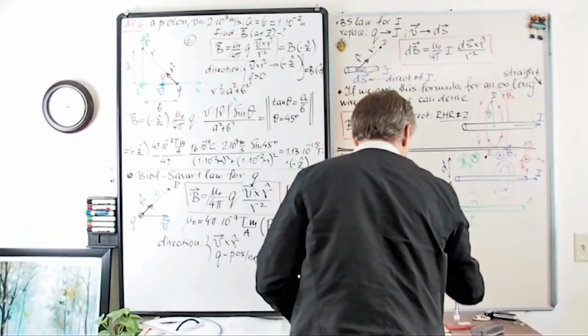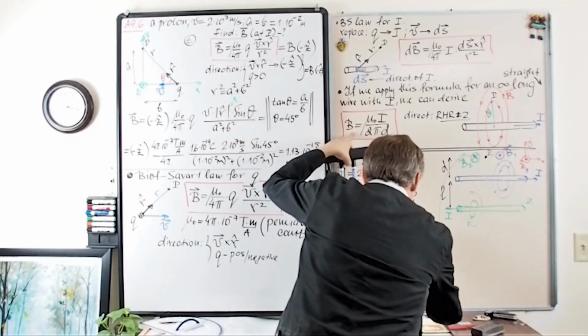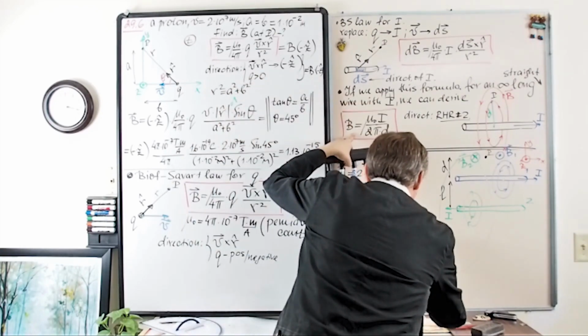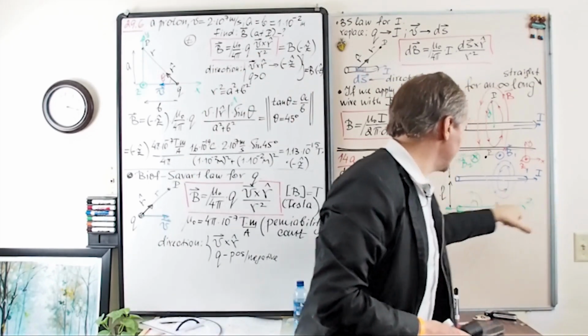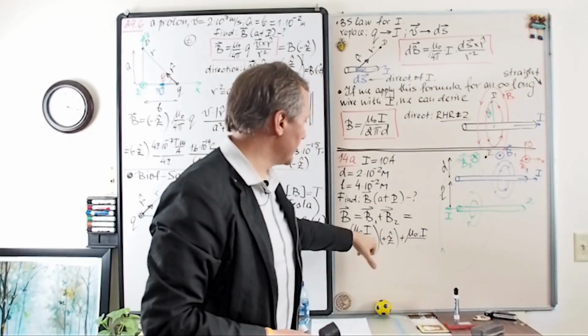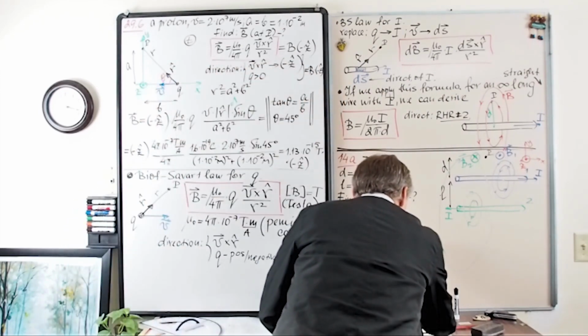Now let's find the contribution from the second wire. The same formula, right? Mu naught times I. Again, the absolute values of the currents are the same, both 10 amps. So here the same I and here the same I, over 2 pi.